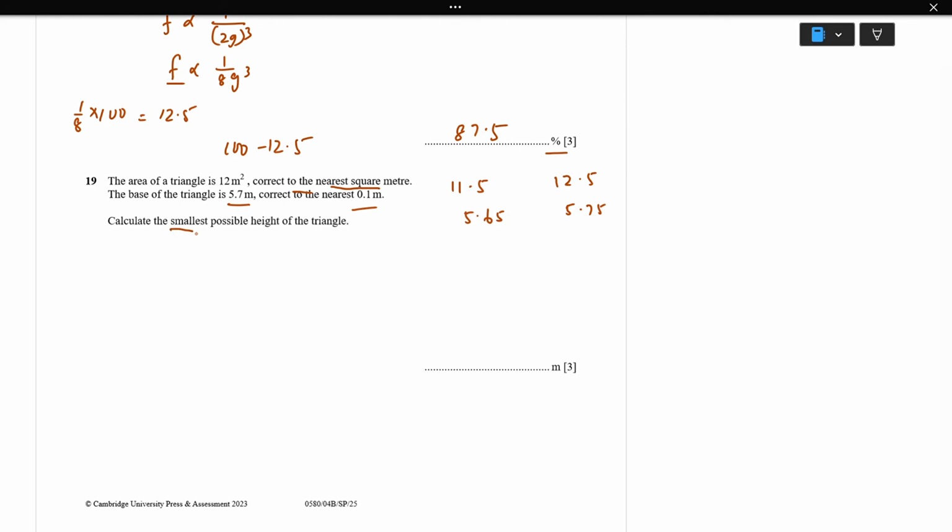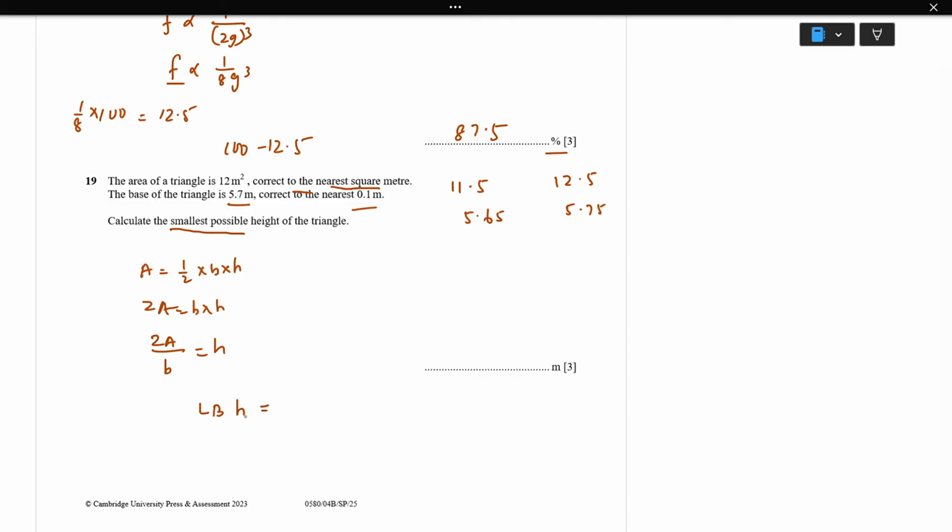Now we need the smallest possible height, so the lower bound of the height. Area equals half times base times height, so 2A equals base times height. I want the height, so 2 times area over b equals height.